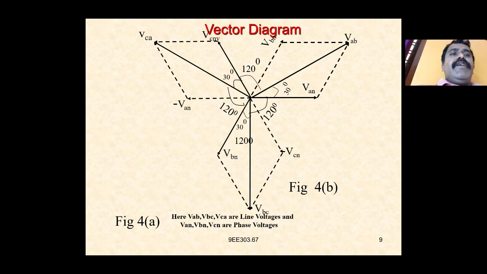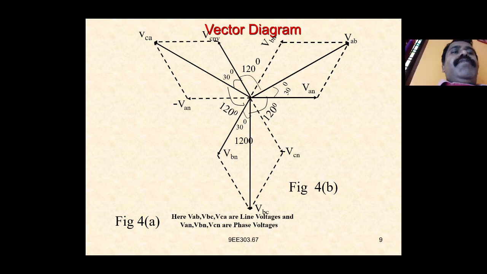We can express VAB, VBC and VCA. These are the three phases that are connected, where the displacement between the three wires is 120 degrees.